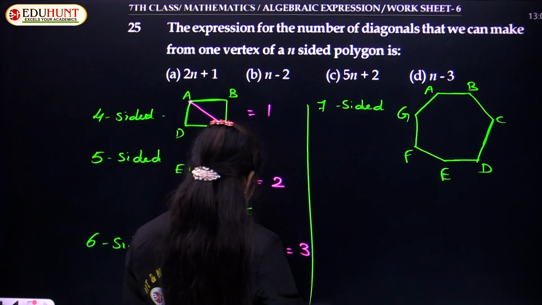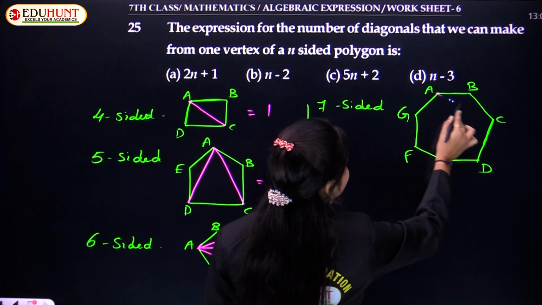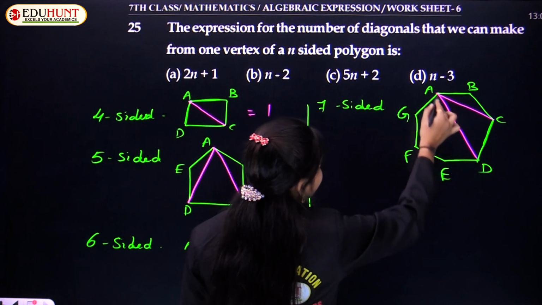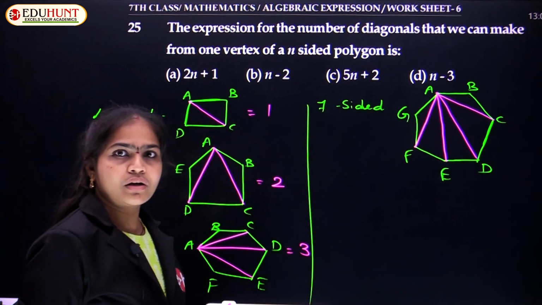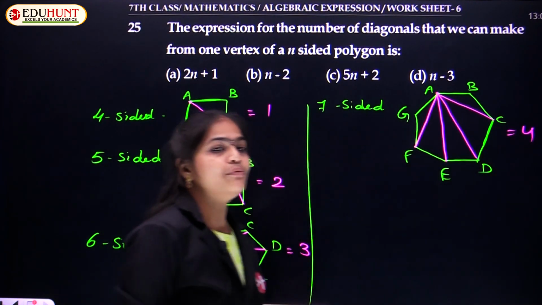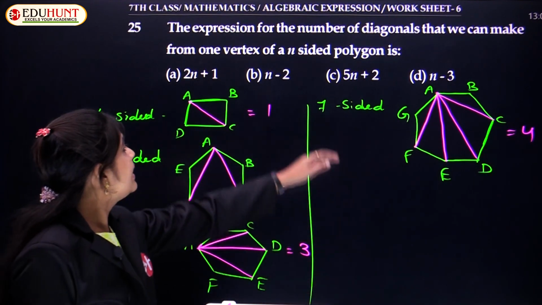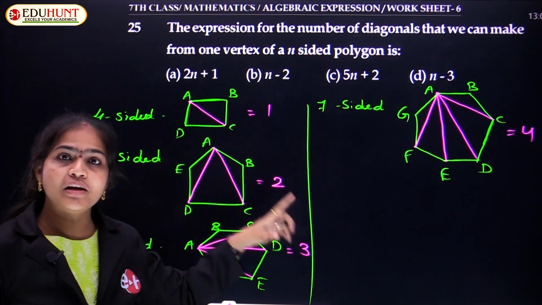Now see here, again from A, how many diagonals can we draw? AC, AD, AE, AF. That's it. How many diagonals did we get? Four diagonals. So what is the conclusion?